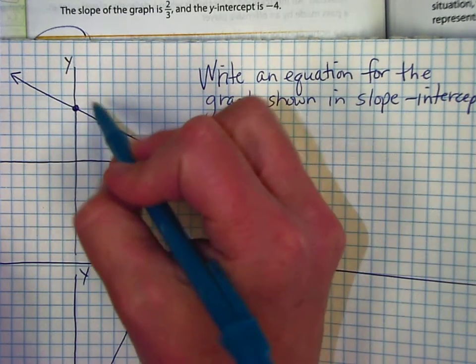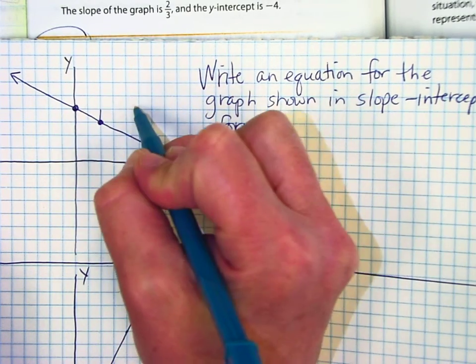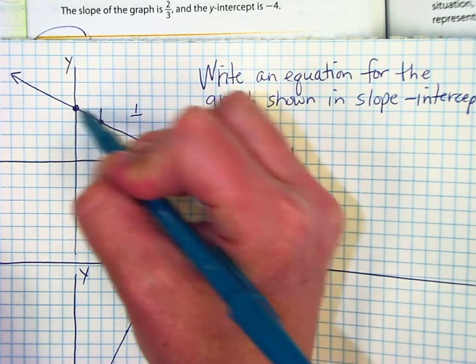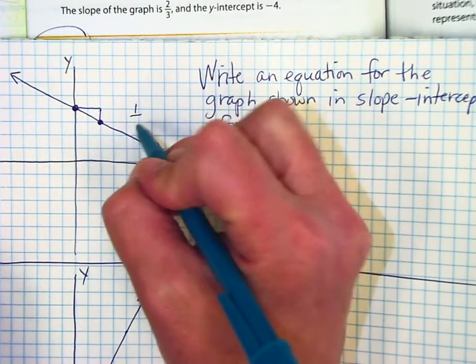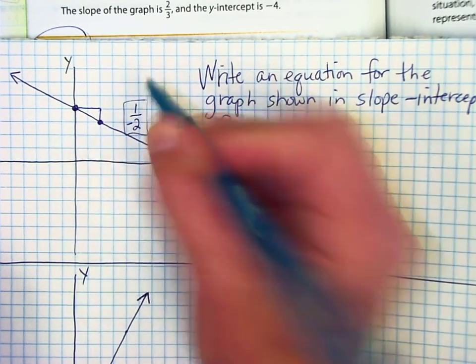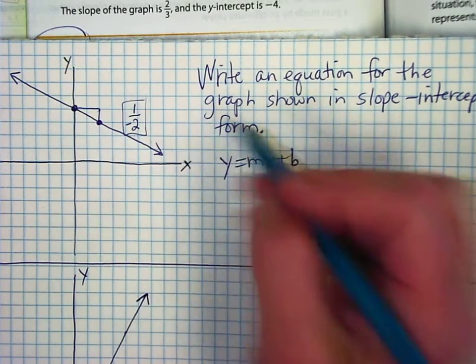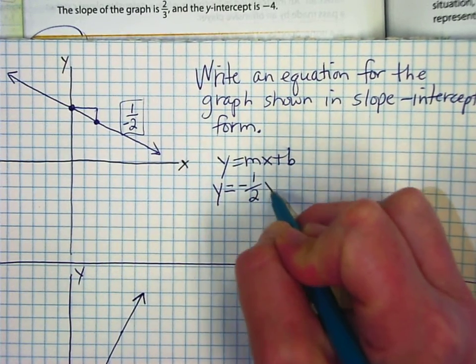So I'm going to use rise and run. I'm going to start at my lower point and I'm going to rise. So my rise is 1. I went up 1. Now I'm right here and I'm going to run to this next point. 1, 2, and I ran left. So my slope is -1/2. This line is going down from left to right. So because my slope is -1/2, I'm going to write that right here next to my x.